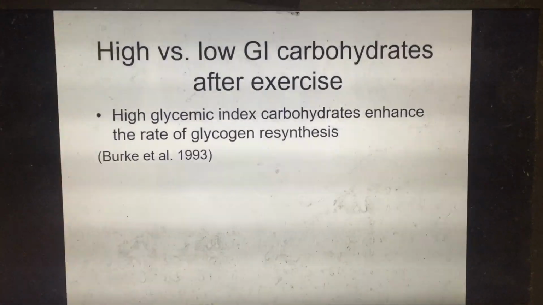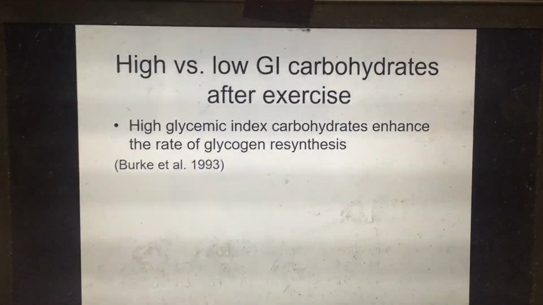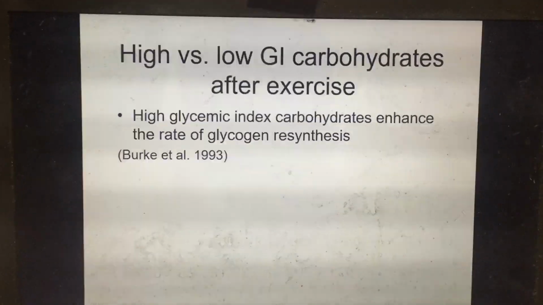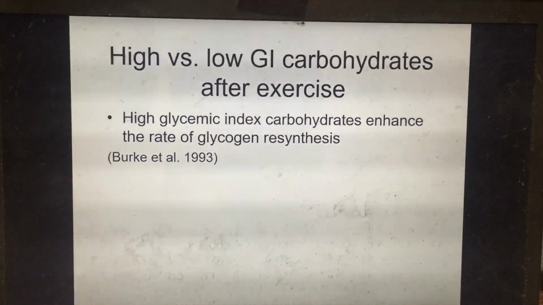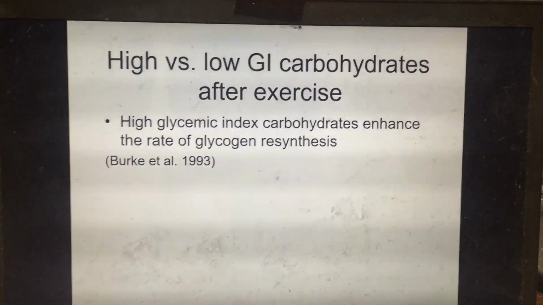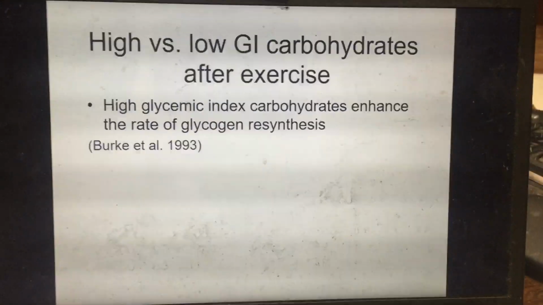So a controversial area with high versus low glycemic index carbohydrates is that traditionally, sports nutritionists have recommended that high glycemic index carbohydrates be consumed in recovery from exercise to enhance glycogen resynthesis.